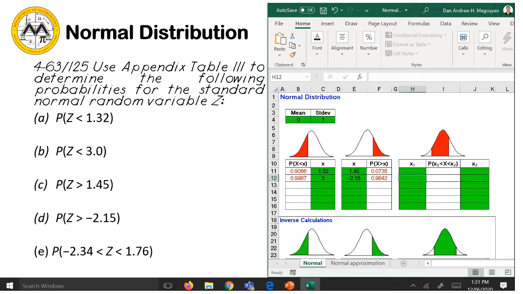While in between, we also have in between negative 2.34 and 1.76. There it is.